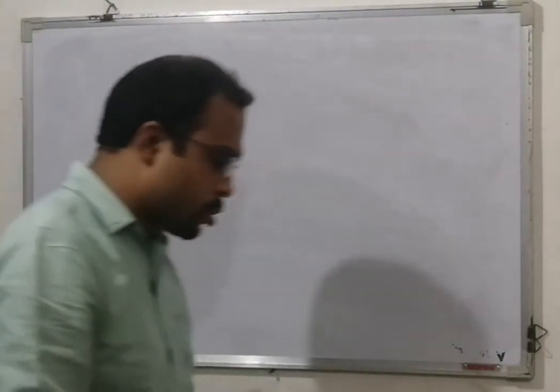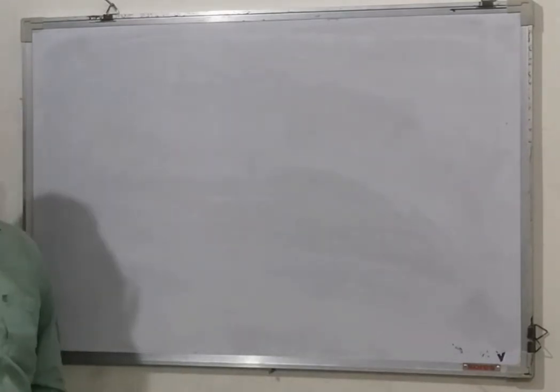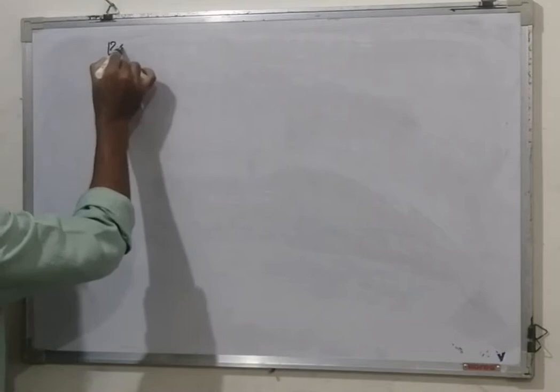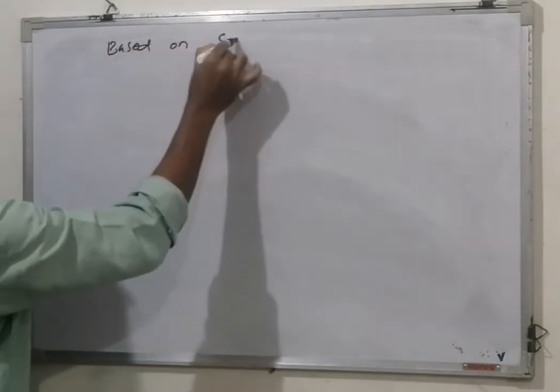Now we are going to discuss the selection rule for electronic transitions. When an electron undergoes a transition from one level to another, it should follow some selection rules.